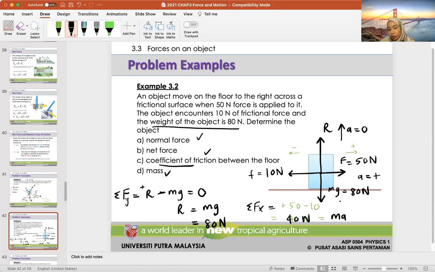And we know what our mass of our object is. Mass ni tak kira axis Y ke, axis X ke, mass is mass. It's a scalar quantity. So here mass is berapa tadi? Alah, kita dah kira tadi. Mass is 8.15 kilogram.